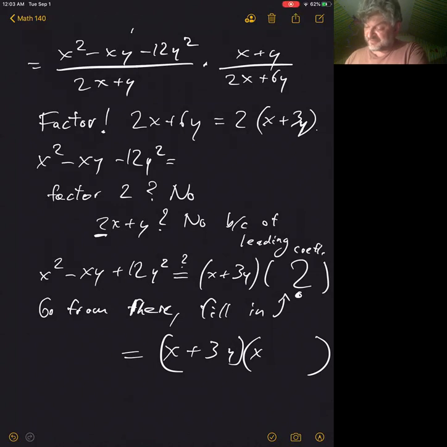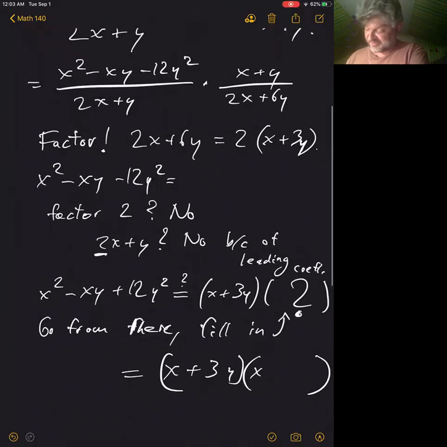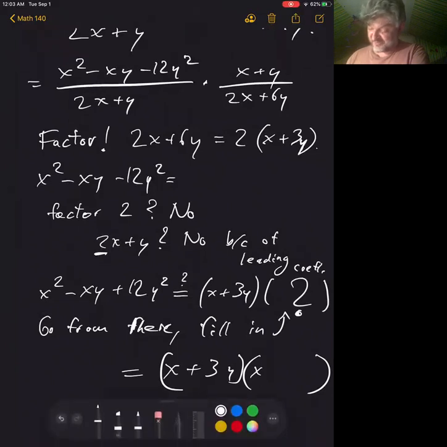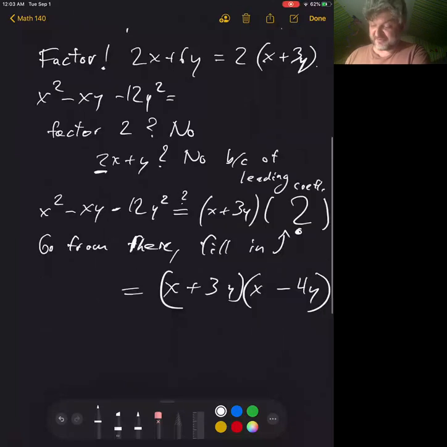And to get the 12y square, I actually copied it wrong, I'm sorry. That was supposed to be a negative here. So to get the negative 12y square, we want to see minus 4y in this spot. When we FOIL it out, you can tell we're going to get negative 12y square.